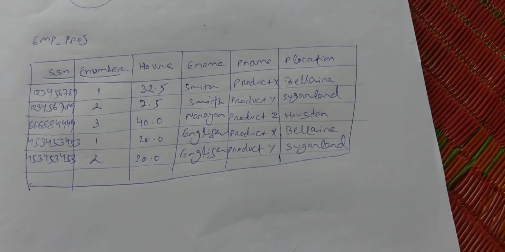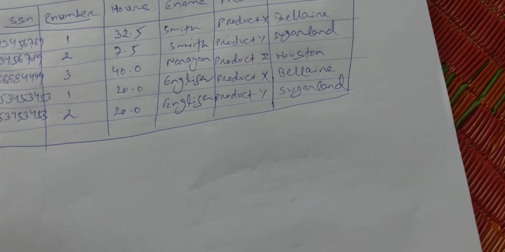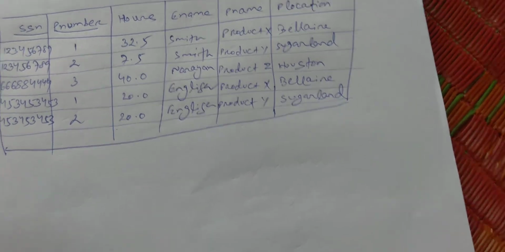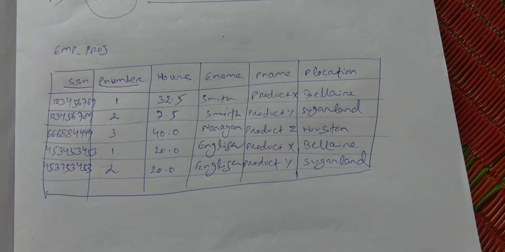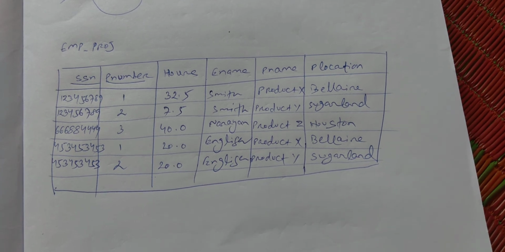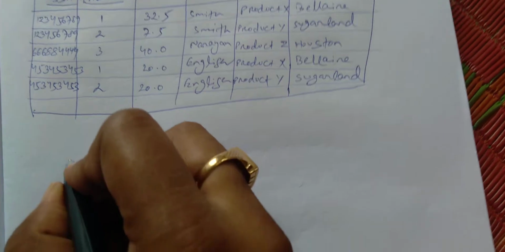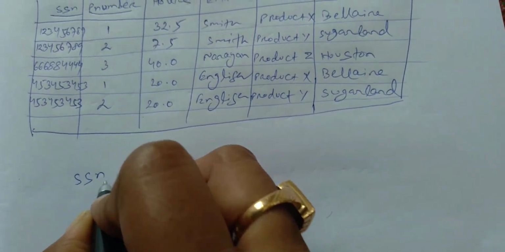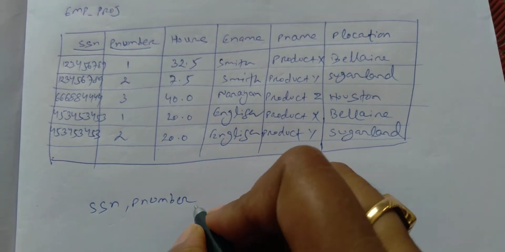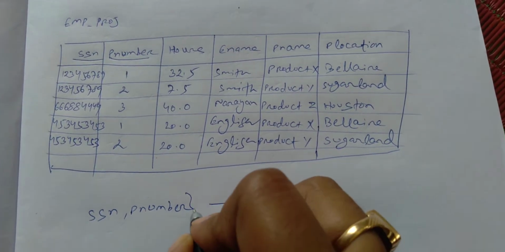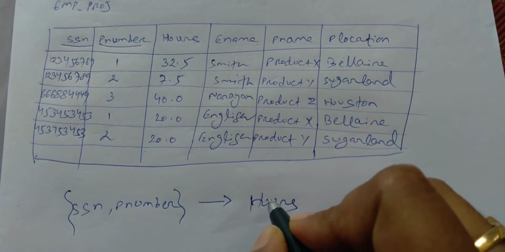Now, what do you mean by full functional dependency? Full functional dependency is something from which you cannot reduce any of the attribute. Fine. That means, say I have a functional dependency SSN, P number combinedly determines hours.